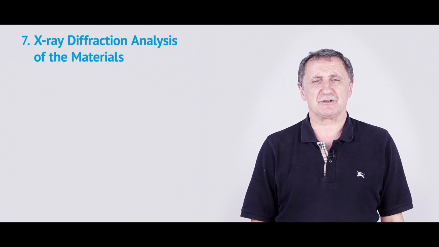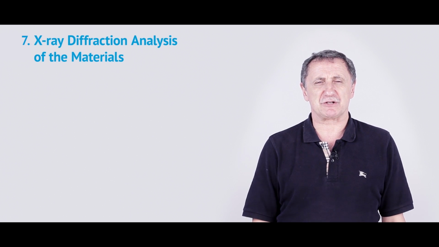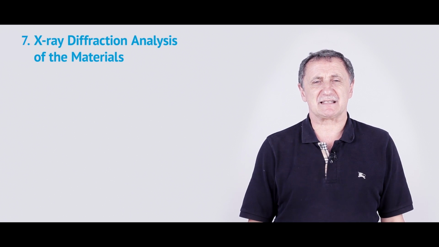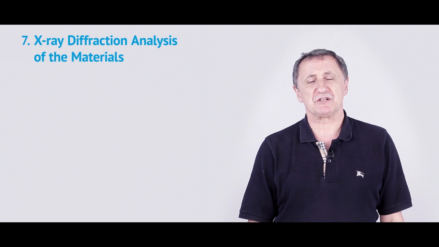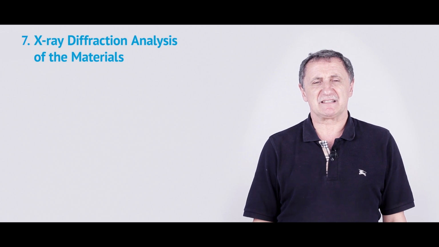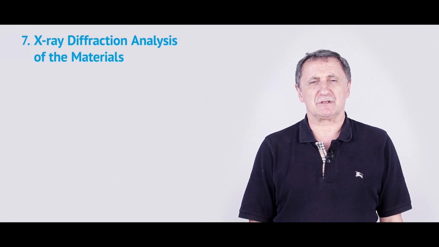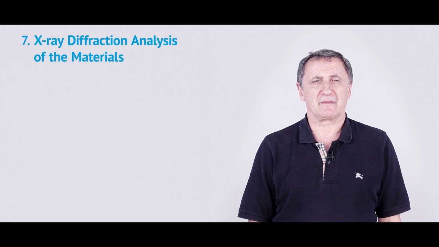On the next lecture, we will talk about transmission electron microscopy analysis, which allows you to go deeper inside the atomic structure of our materials. Finally, we will talk about the scanning electron microscopy, which is, I believe, the best way to investigate the microstructure of materials. So let's talk about X-ray diffraction today.